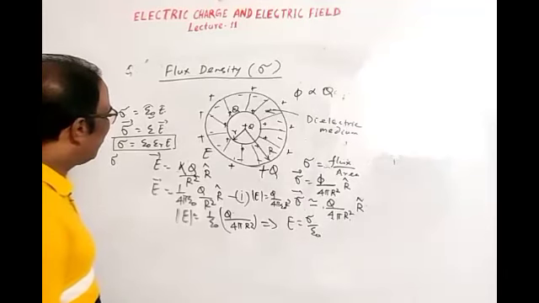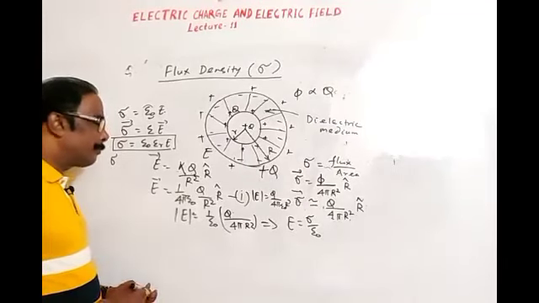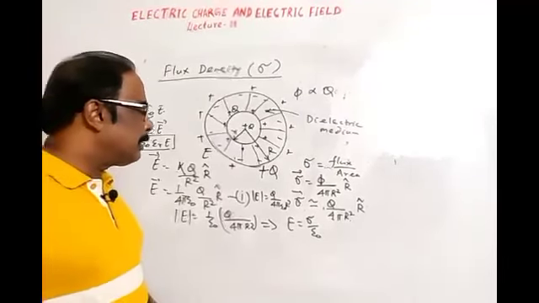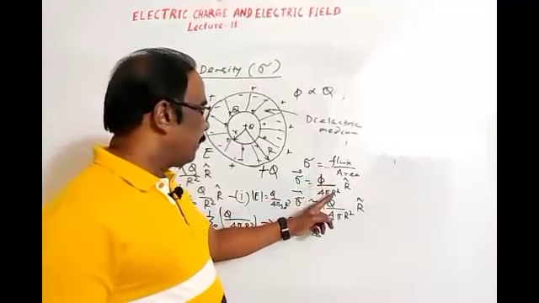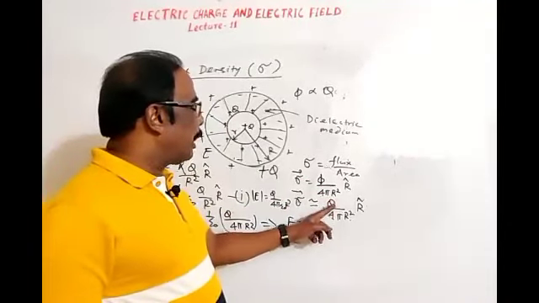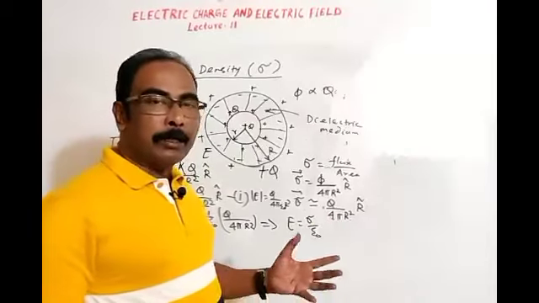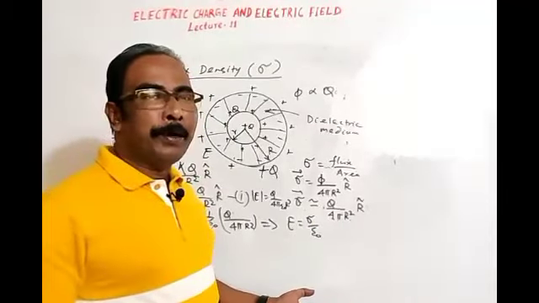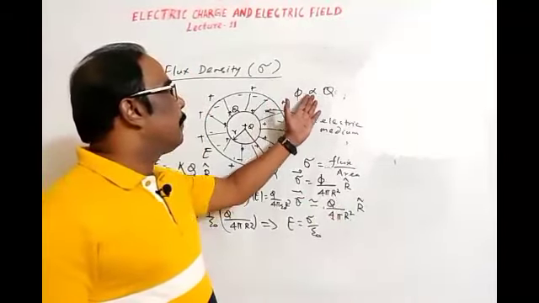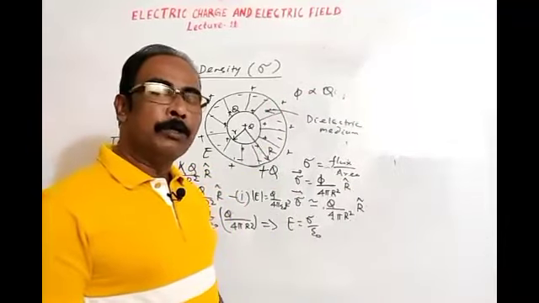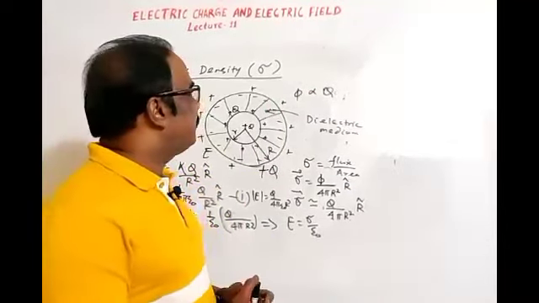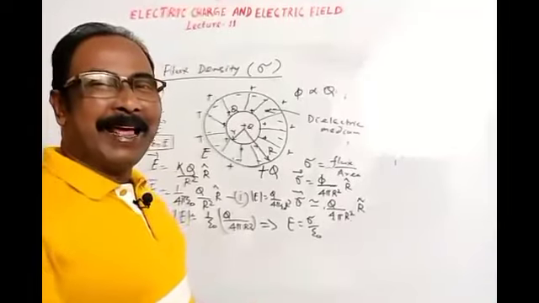This formula is very, very important for the future. Flux per unit area is flux density, and charge per unit area is charge density. Flux density is equivalent to charge density since flux is directly proportional to charge. Okay, this is about lecture 9.